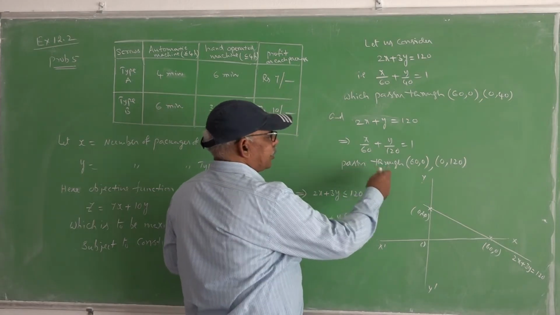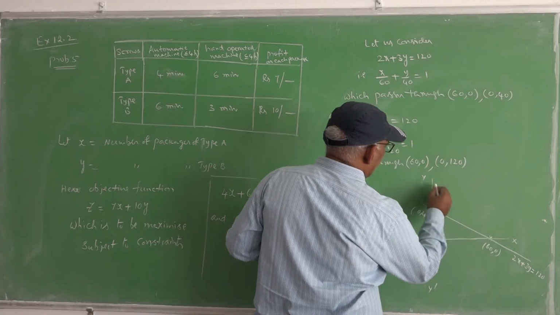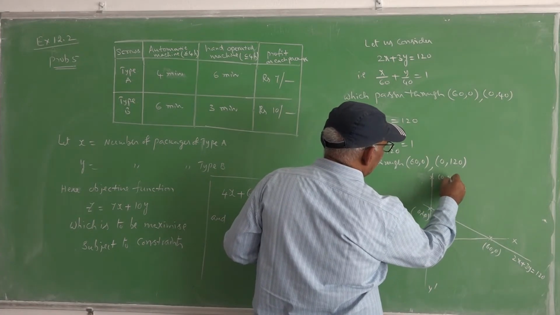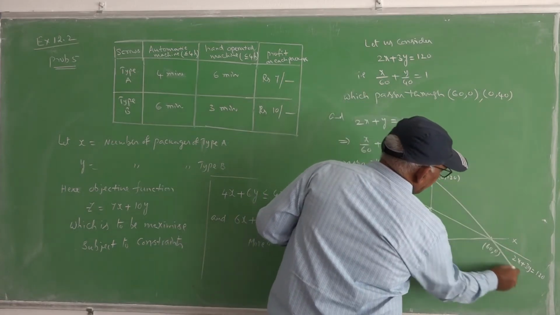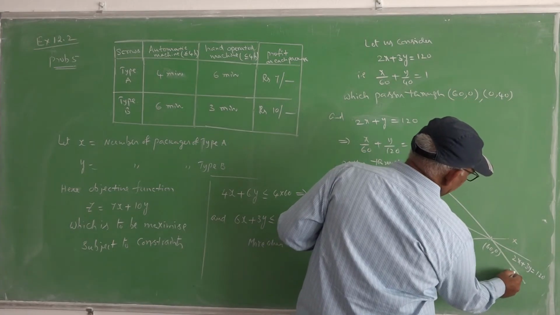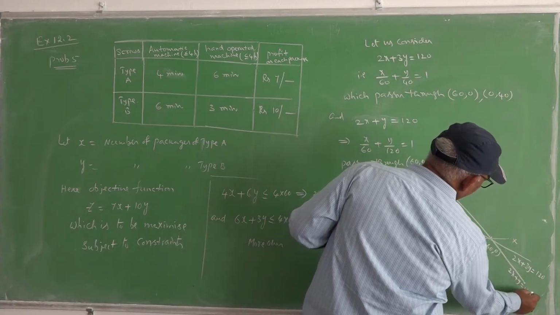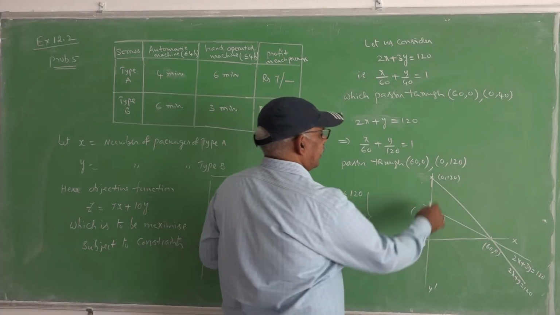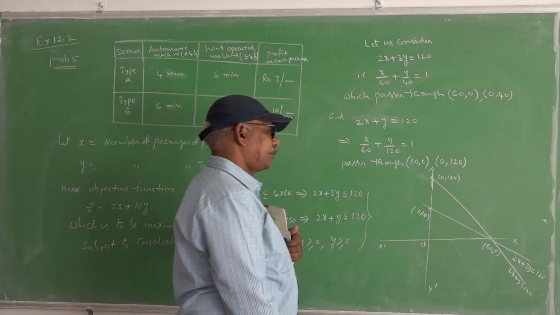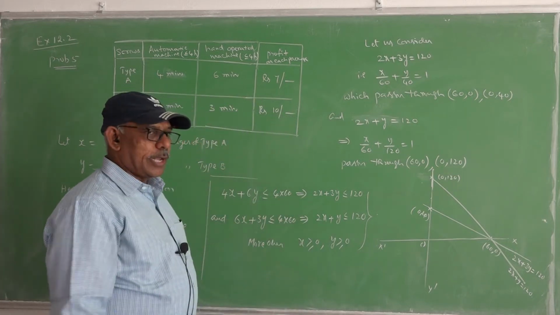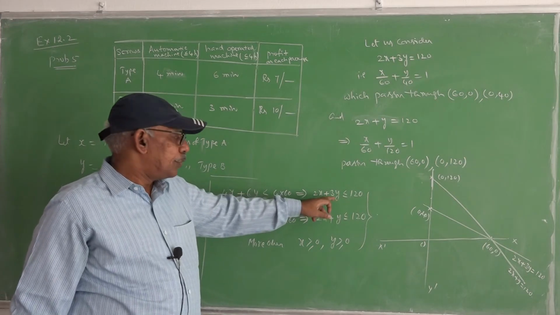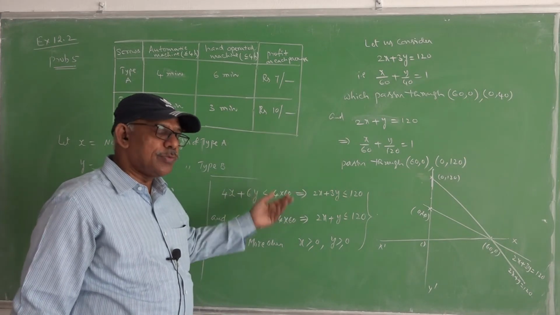It passes through 60, 0 and 0, 120. Join these two. This is the line given by 2x plus y equal to 120. Now taking x equal to 0 and y equal to 0, 0 is less than or equal to 120, which is valid.